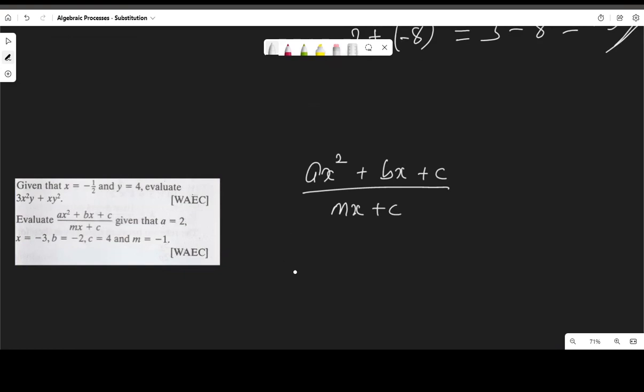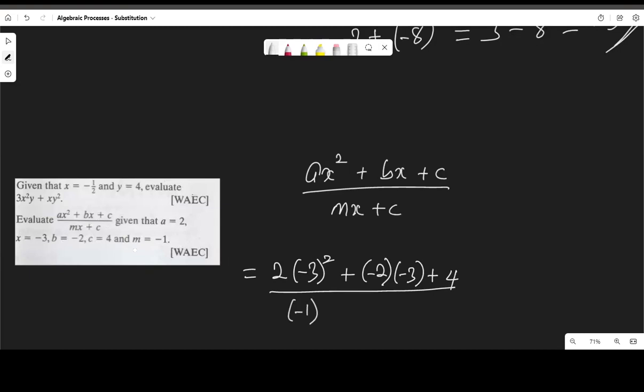Given that a is 2, I have 2, x is negative 3, negative 3 squared, because of the square there, plus bx, b is negative 2, and x is negative 3, and plus c, c is 4, all over m is negative 1, mx, x is negative 3, plus c is negative 5, c is 4.